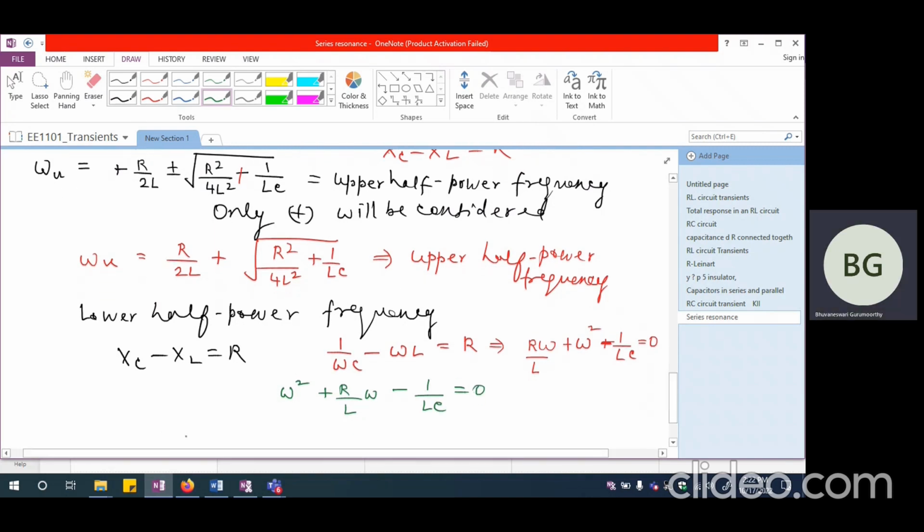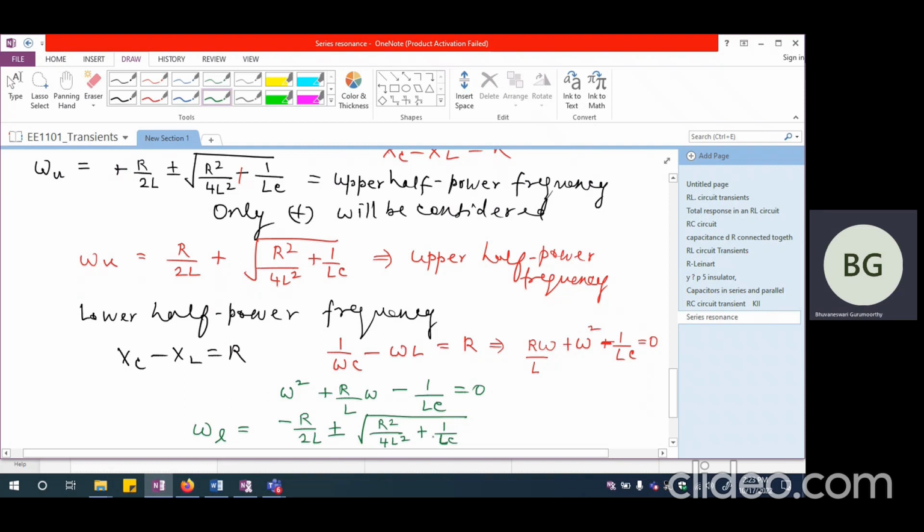Again, writing this as a quadratic equation solution, omega L is going to be minus B, which is minus R by 2L, plus or minus root of B square, that is R square by 4L square, minus 4AC, so that is going to be plus 1 by LC, because the divide by 4 will cancel out.